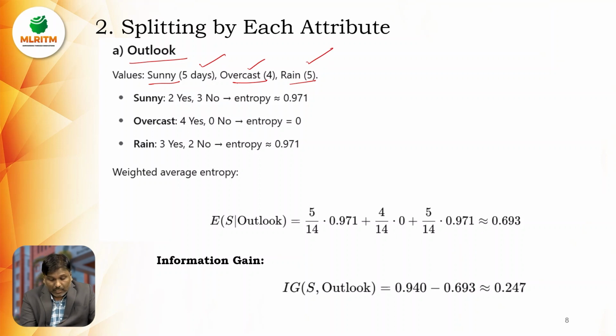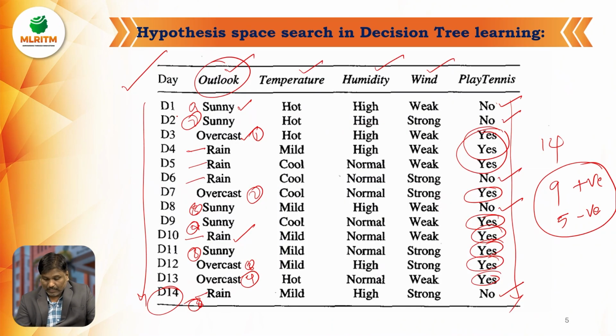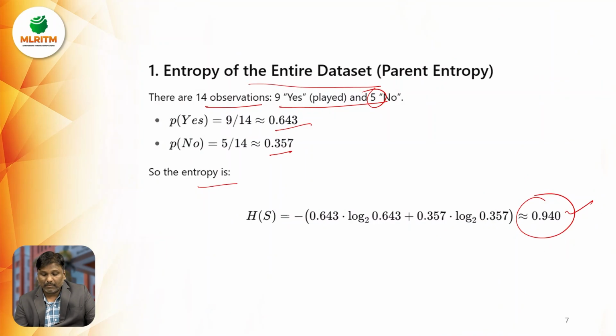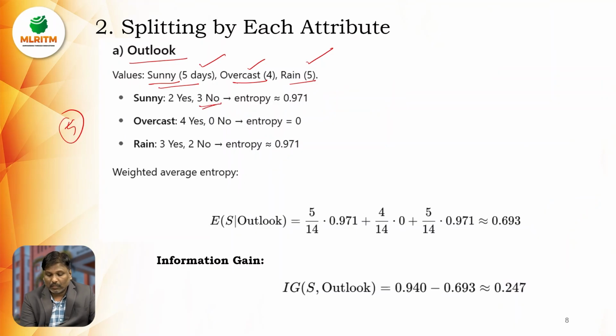Now I consider the sunny condition. I have 5 sunny. Out of 5, how many positives and negatives are there? From the considered data set, out of 5 sunnies, how many negatives? 1, 2, 3: three negative examples are there. That means 3 no's and 2 yes.